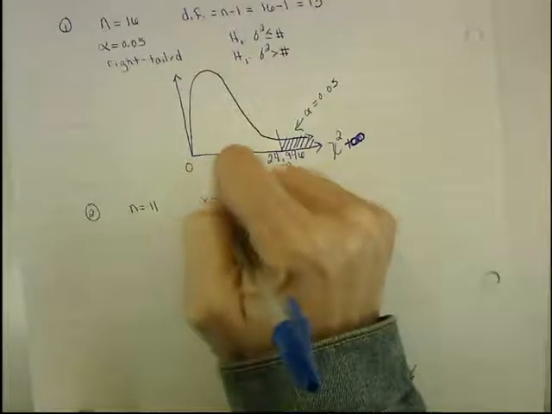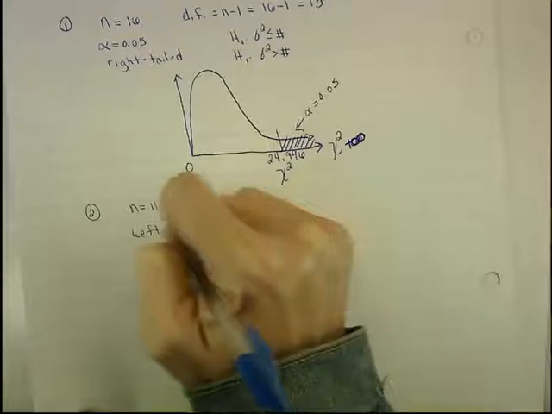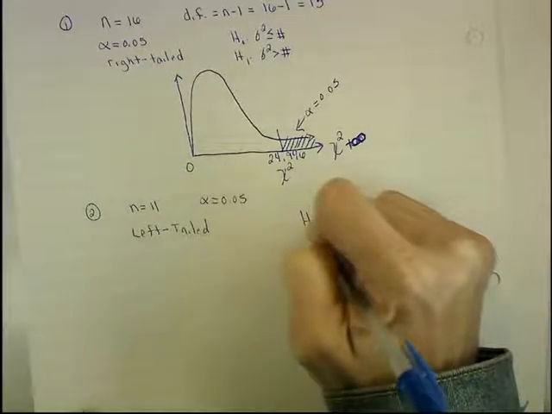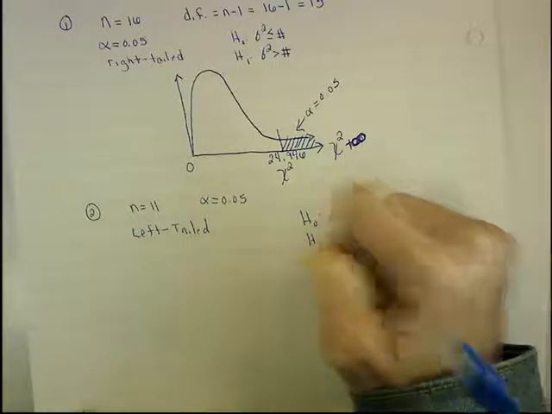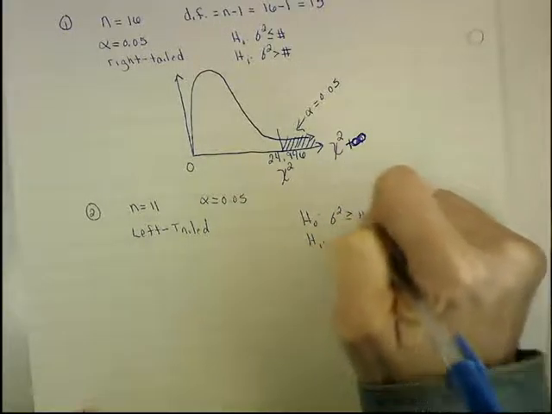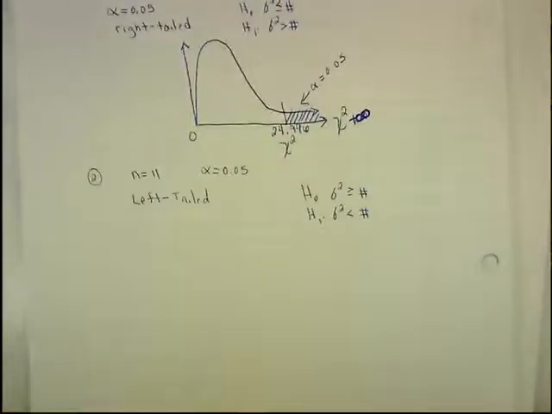Alpha is equal to 5%, and we know that this chi-square test is left-tailed. That would mean that if you had a possible setup for the true variance, it would be sigma squared greater than or equal to a number versus sigma squared less than a number. That's a left-tailed chi-square test for true variance.